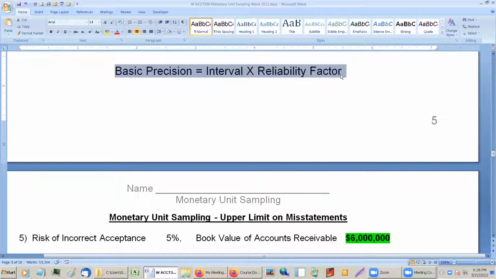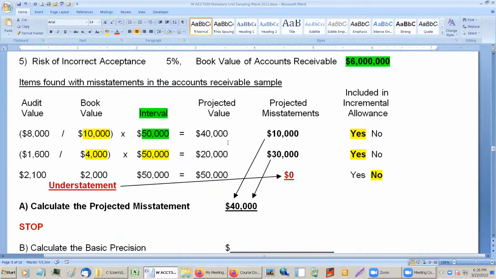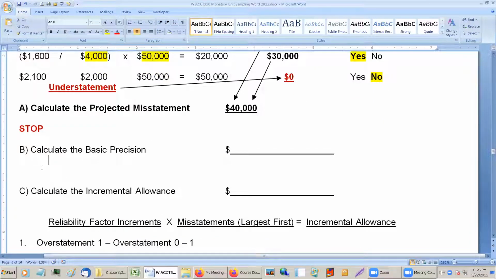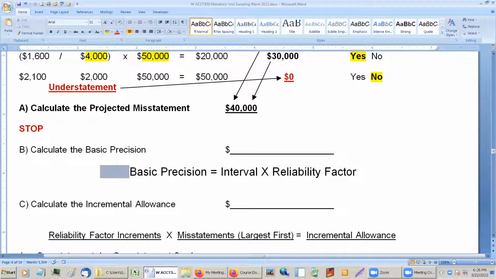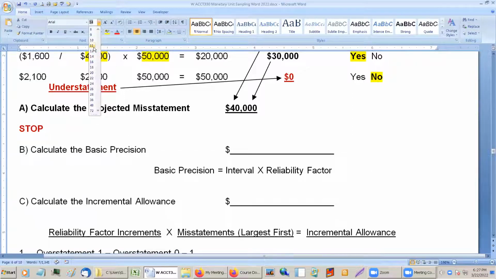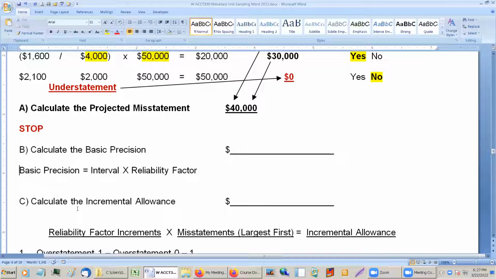So basic precision is this. Boy, did I make that up? Let's shrink that down a little bit. What I did here. Oh, I got it. Okay, here we go.